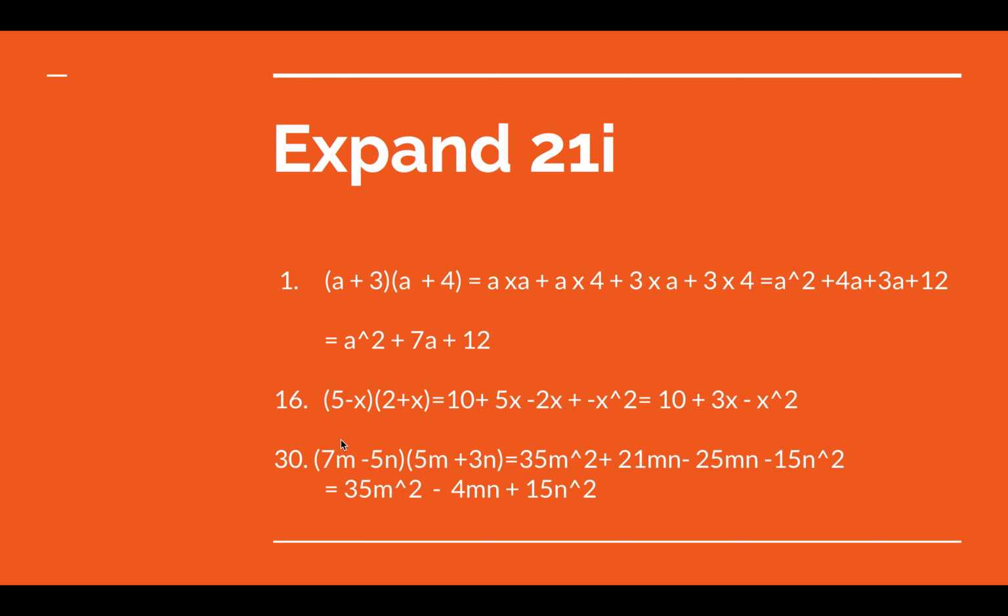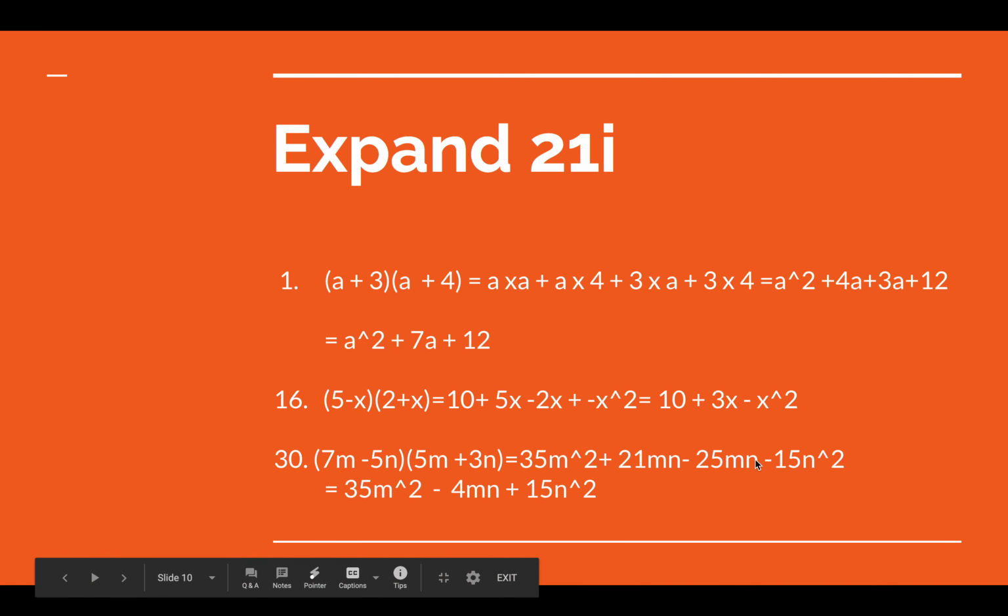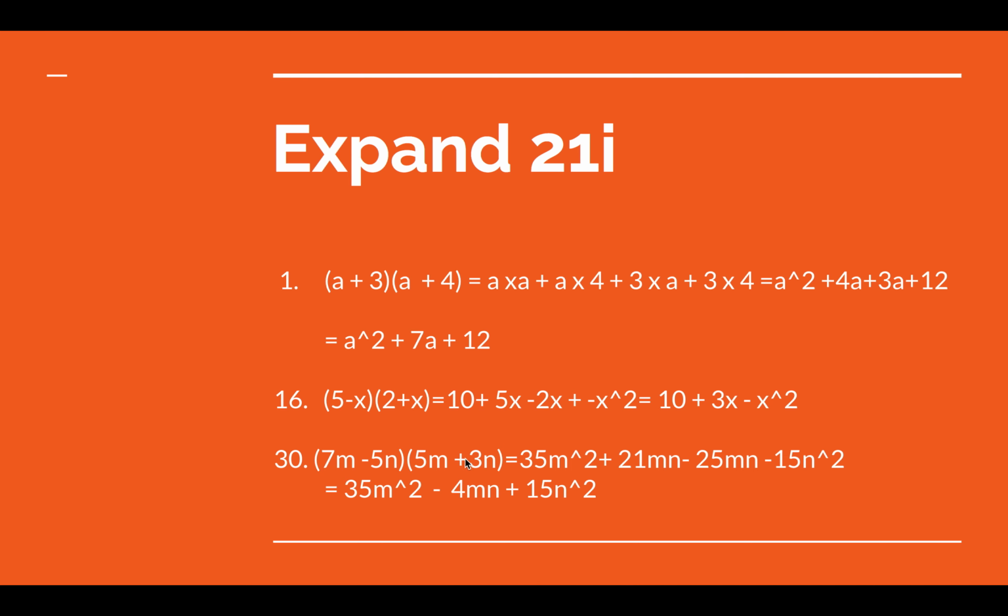Now that we have finished multiplying 7m with everything in the second bracket, let's move on to minus 5n. Minus 5n multiplied by 5m, we get minus 25mn. And then minus 5n multiplied by 3n, we get minus 15n squared. So we can see that minus 5n has multiplied itself with everything in the second bracket.